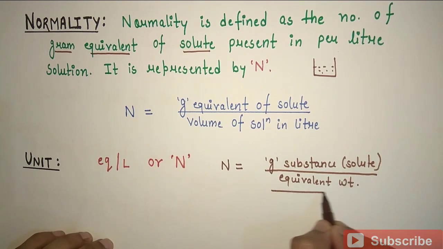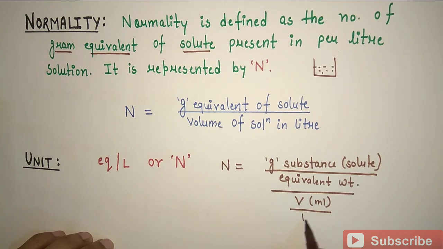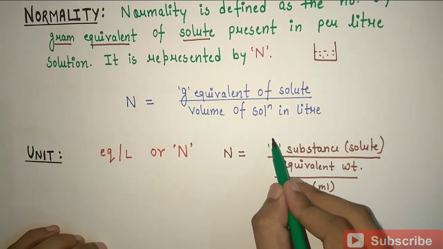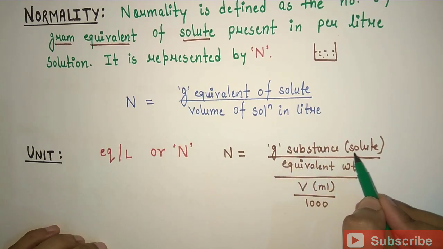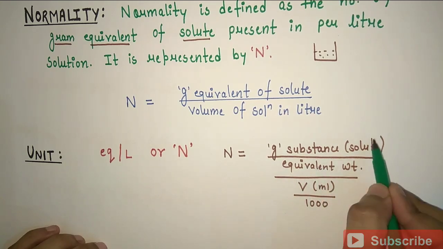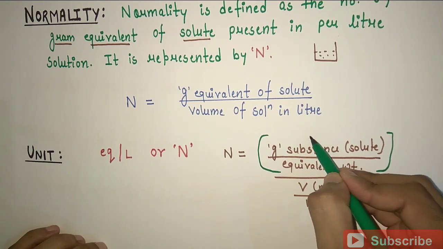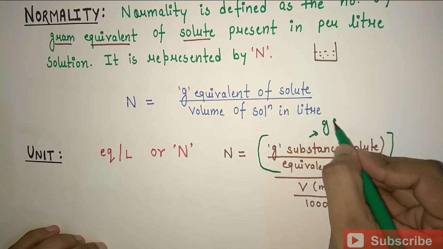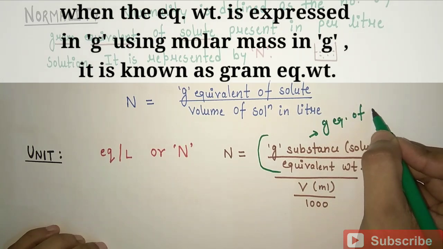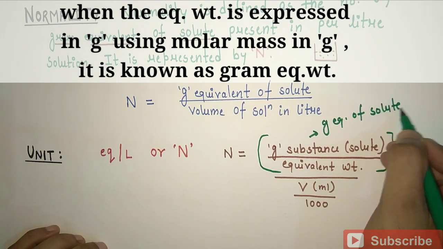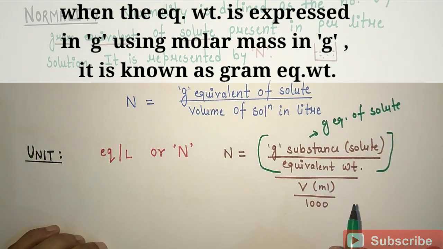The volume, if in ml, we have to convert into liter by dividing by 1000. So this whole thing, the weight of the solute in gram upon equivalent weight, is known as the gram equivalent of solute. This is different from the number of moles.